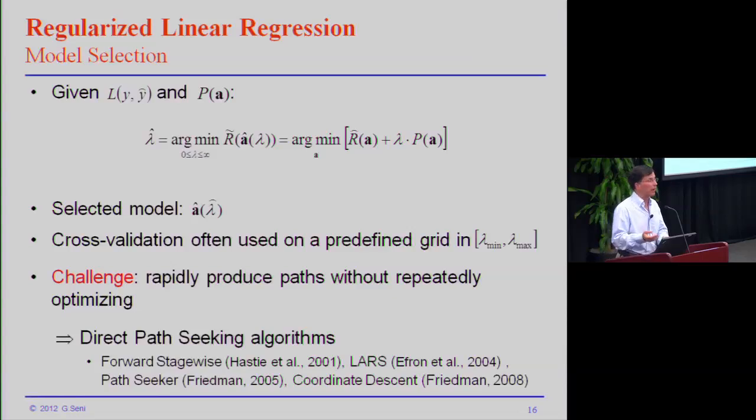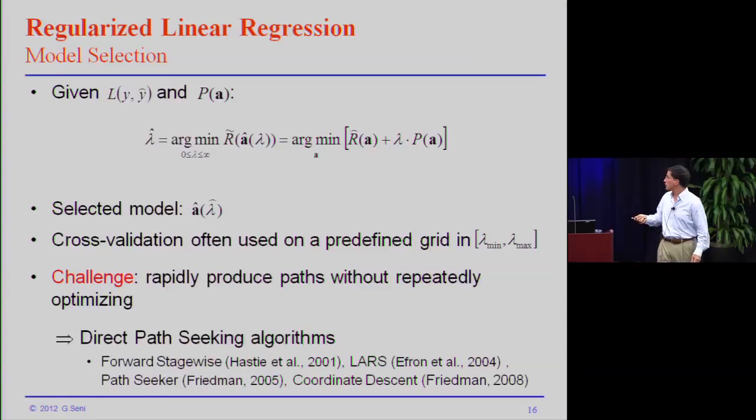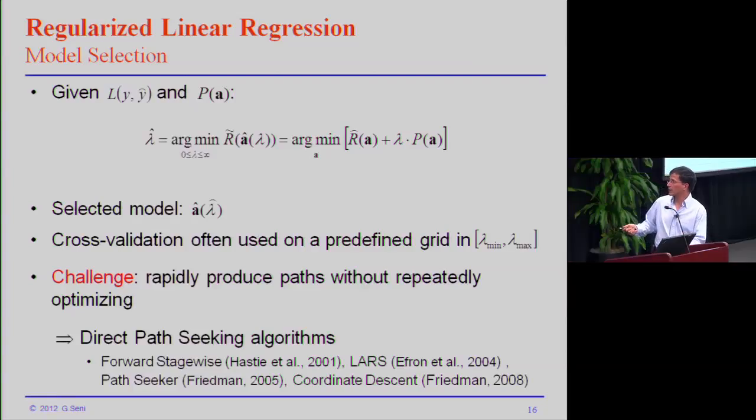Some of the examples of direct path-seeking that I mentioned in the timeline, one of the earliest ones is the forward stagewise algorithm, then the Lars algorithm by Efron, then path-seeker, and more recently, the coordinate descent approach. Any questions so far?